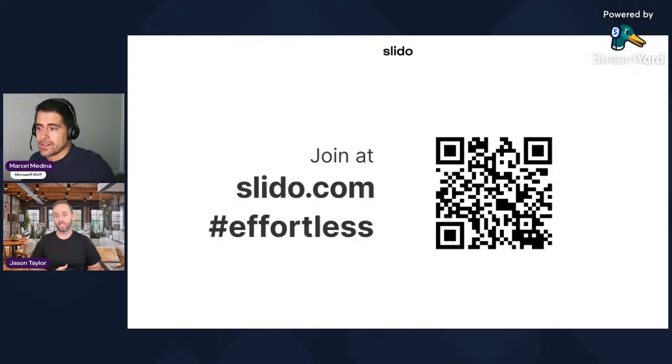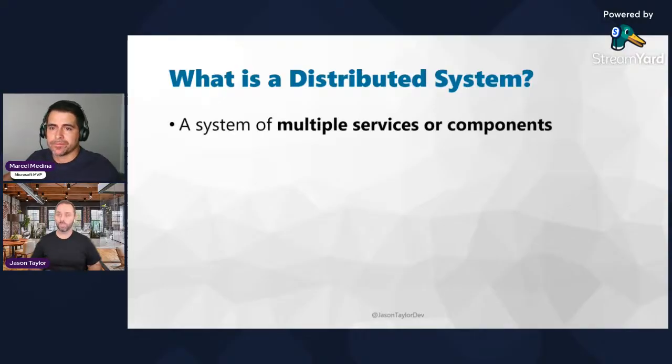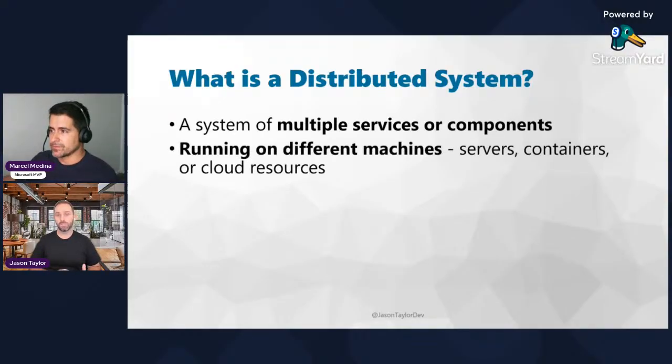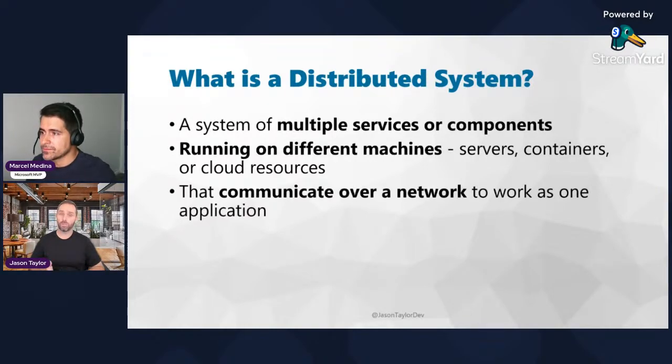So while you're joining, let's start by defining what we mean by a distributed system. A distributed system is a system of multiple services or components that are working together. Now those services are running on different machines. So think servers, containers, cloud resources, virtual machines, and they communicate over a network, so the whole thing behaves like one application.